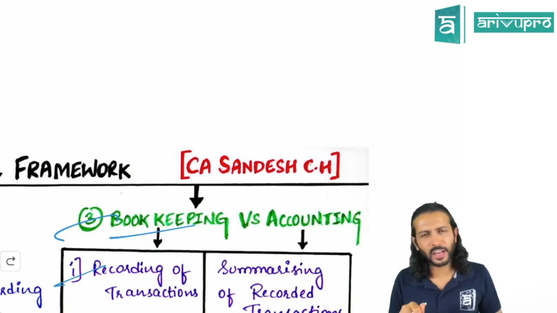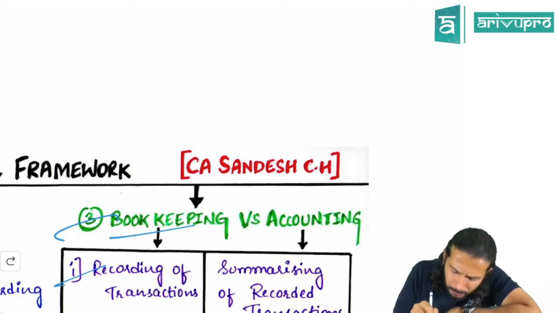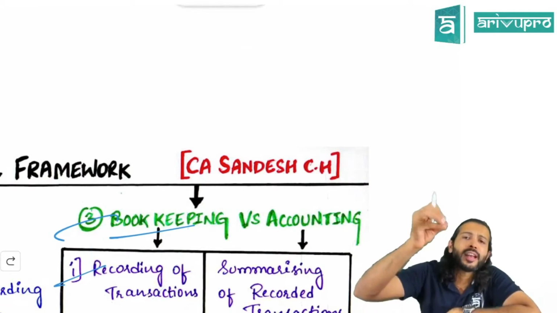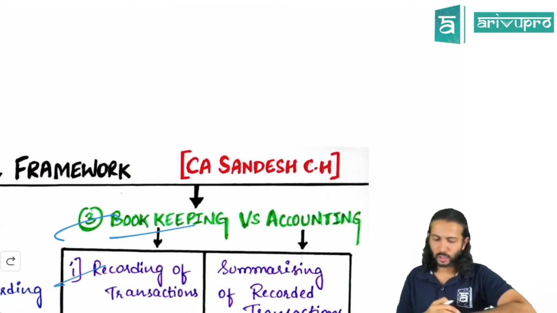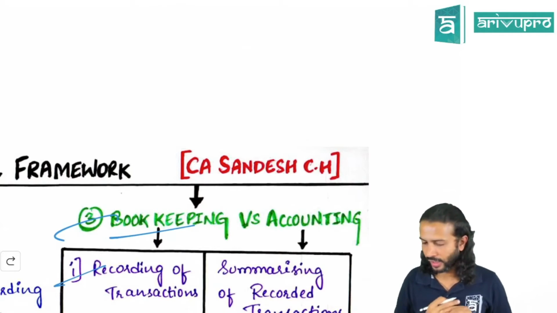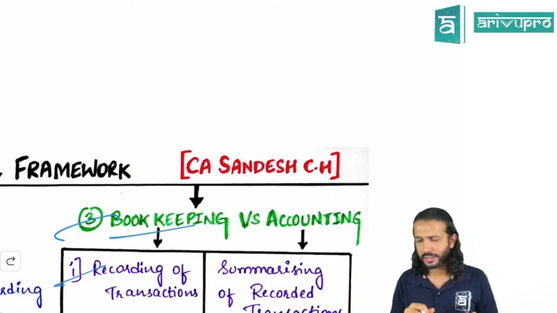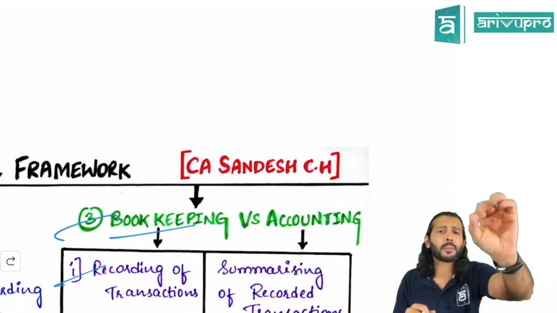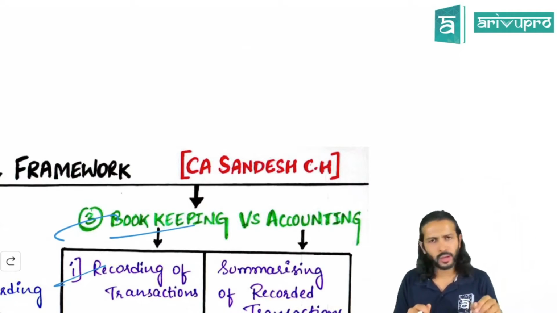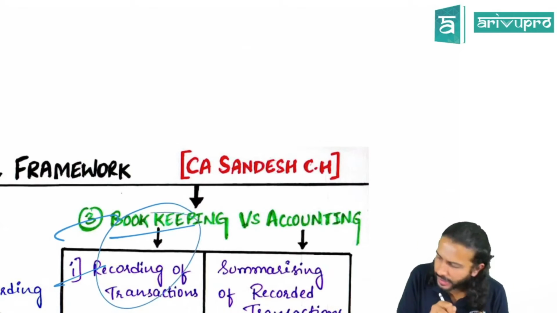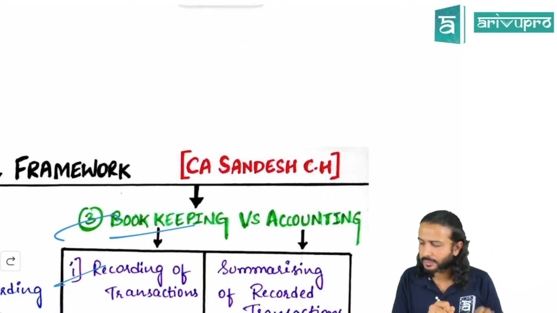Agreed, Vasudev. Thank you. Now you tell me, in bookkeeping, will we prepare financial statements? Financial statement means balance sheet, P&L, etc. Will you prepare a balance sheet in bookkeeping activity?